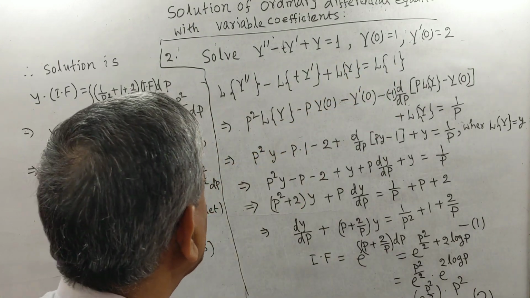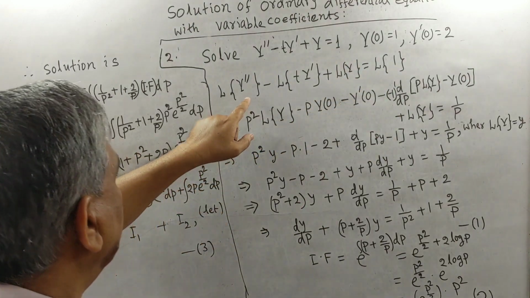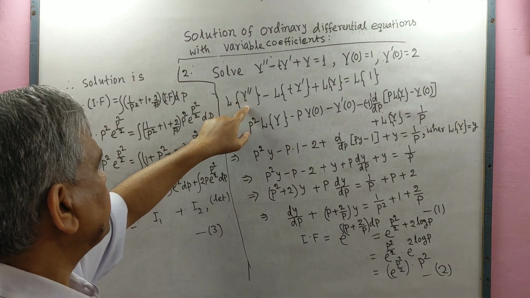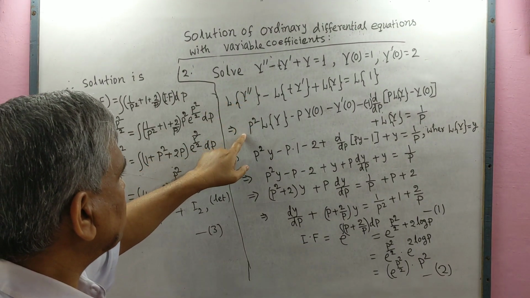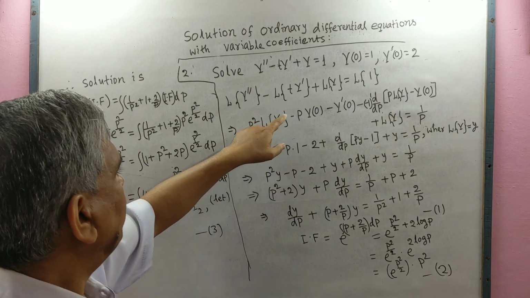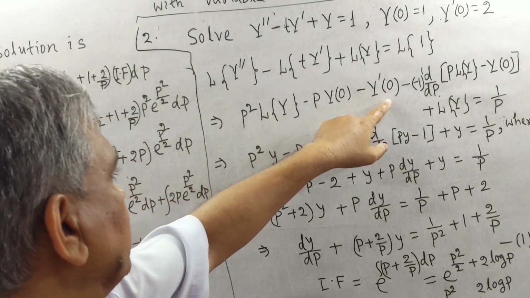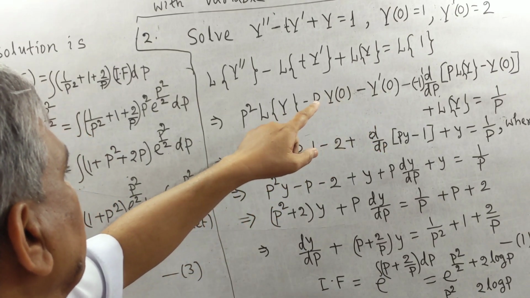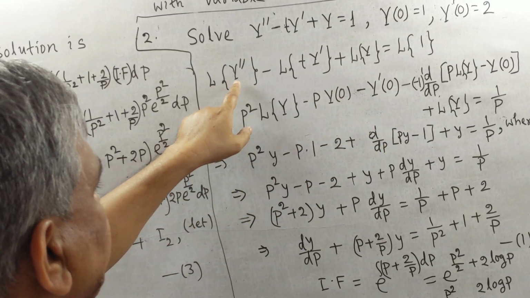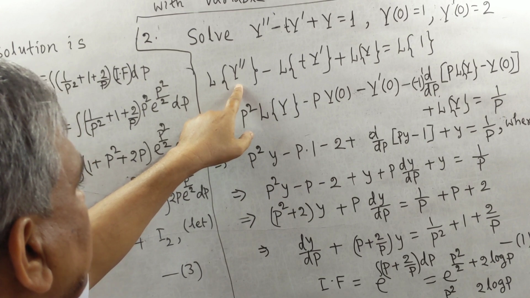Since the Laplace transformation of a second order derivative is p² L[y] minus p y(0) minus y'(0), this is the Laplace transformation of y''.